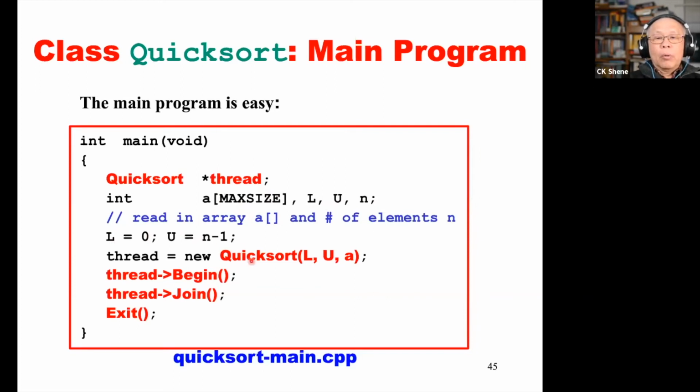So that we create a Quicksort thread, asking it to sort from lower bound 0 to upper bound n-1, with a pointer to the array. The new statement would return a pointer to the thread here. After the thread is created, run it, followed by joining it. Then we exit.